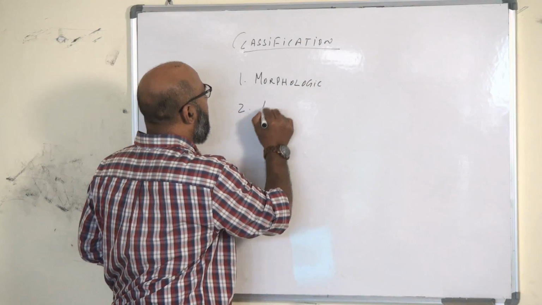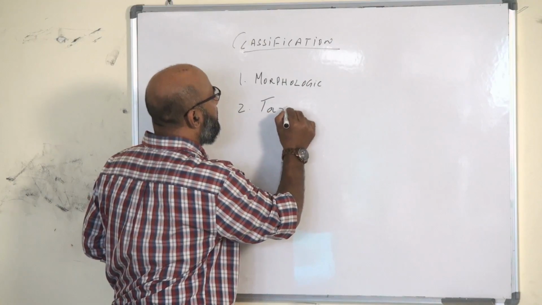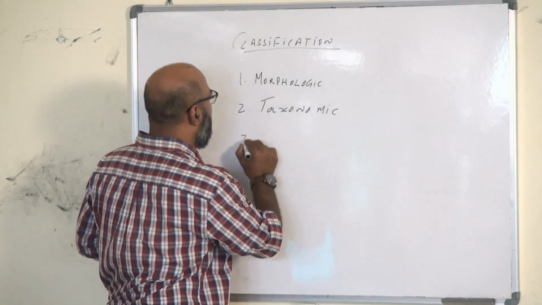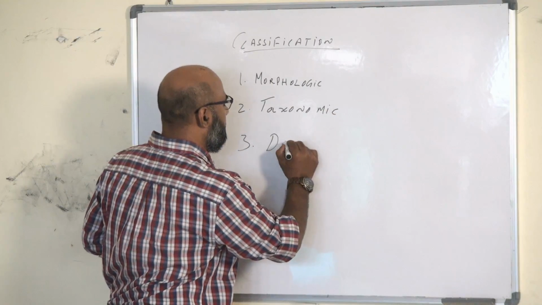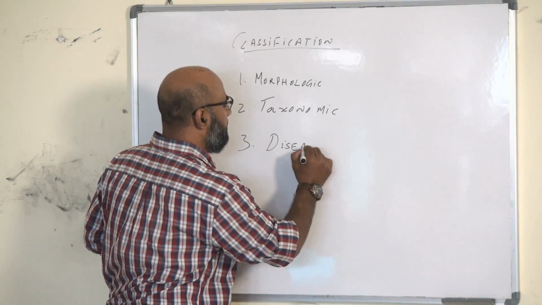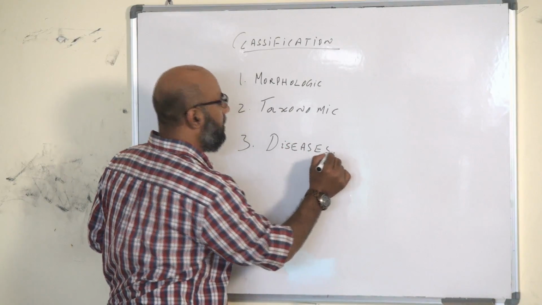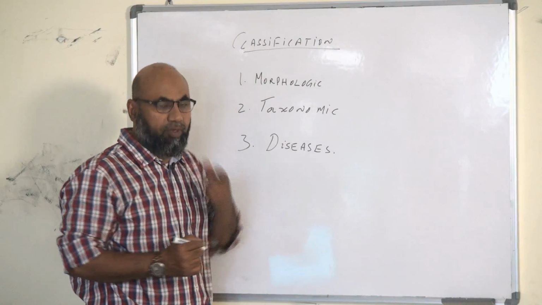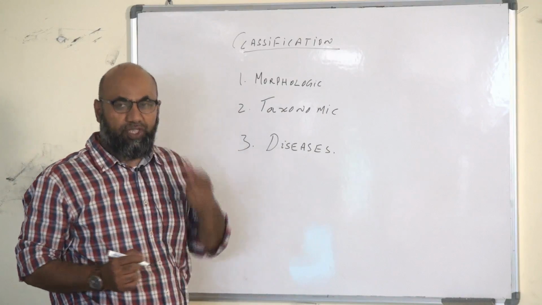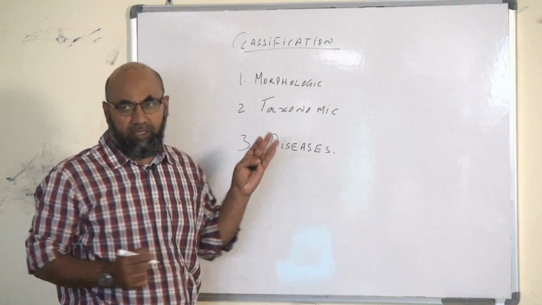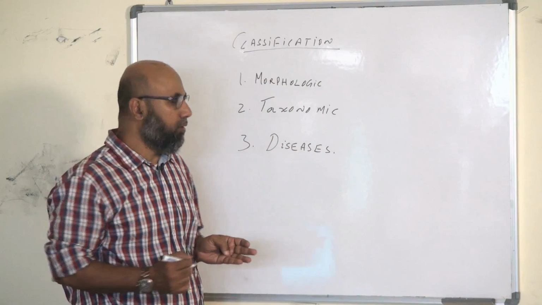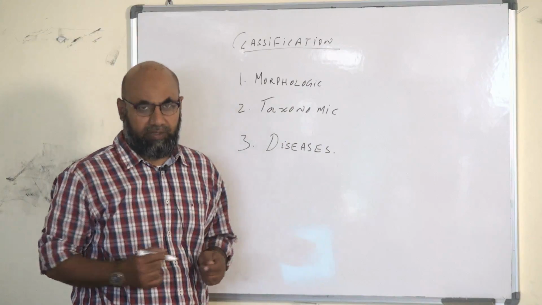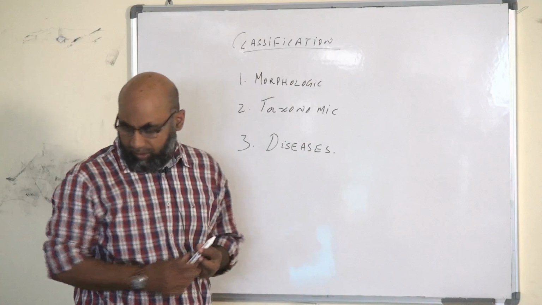Number two is the taxonomic. And number three is diseases. Okay, these are the three ways in which the fungi are classified. The number one is the morphologic, based on the shape of the fungi. Number two is the taxonomic, which is based on the nomenclature or the names of the fungi. And the number three is the diseases, according to the diseases that the fungi cause.